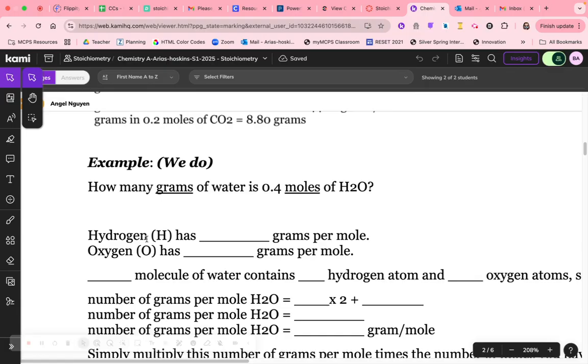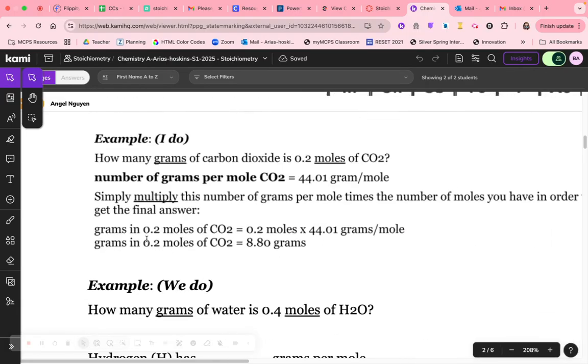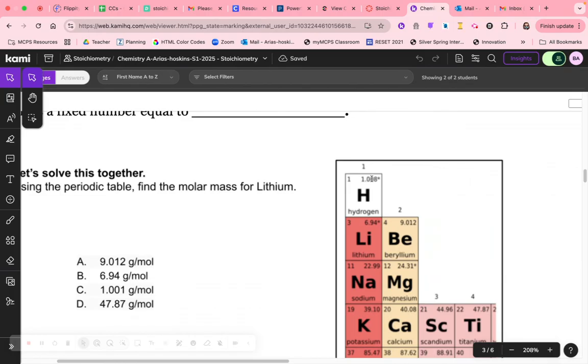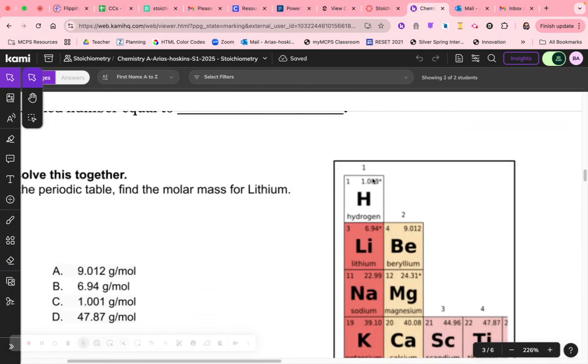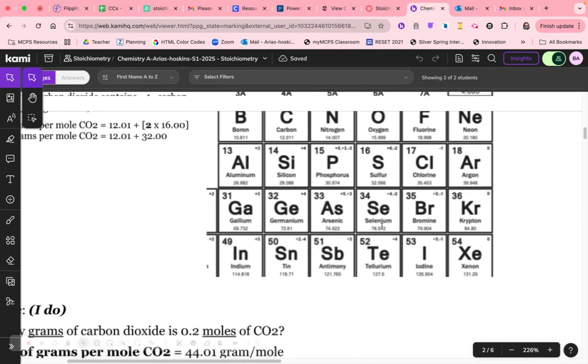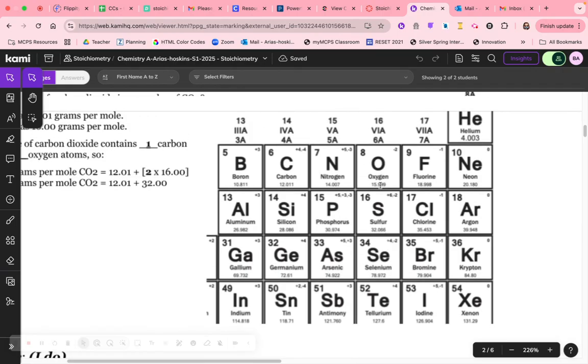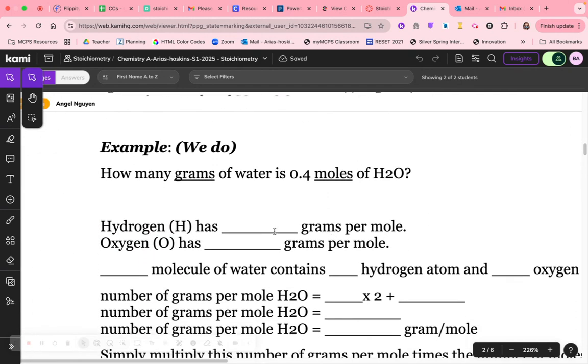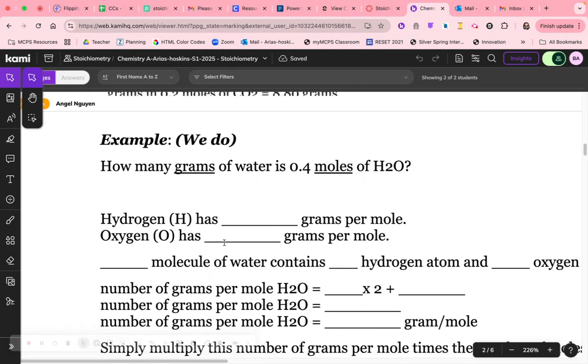If you go to the periodic table, hydrogen has 1.008 as the atomic mass, okay? And you know already that oxygen is 15.999, which means 16, okay? So what are you going to do? Here is 1.008. Oxygen is 16, or 15.999.